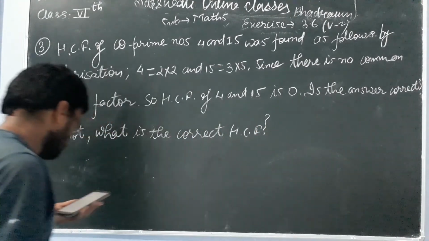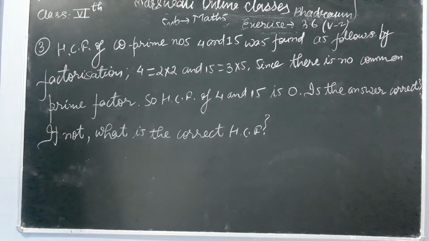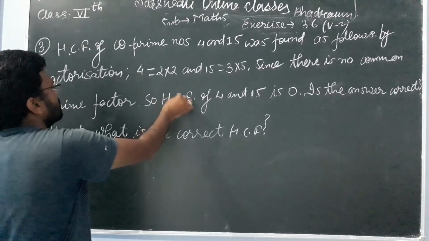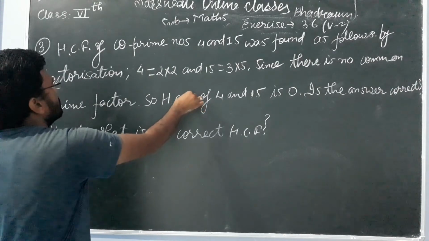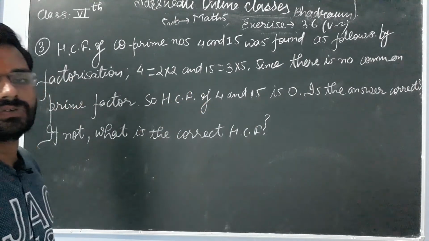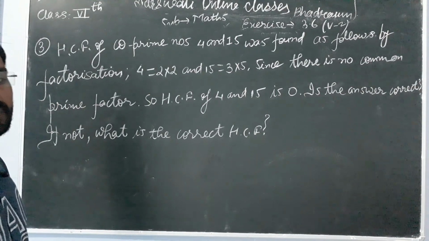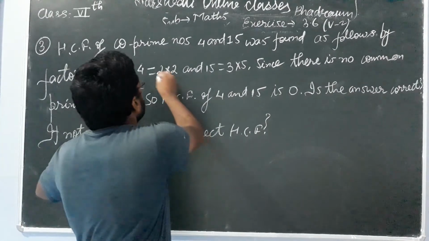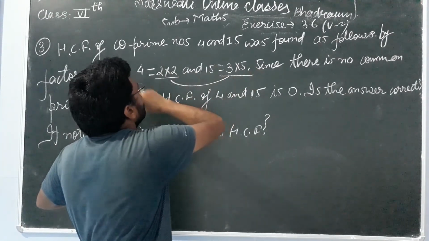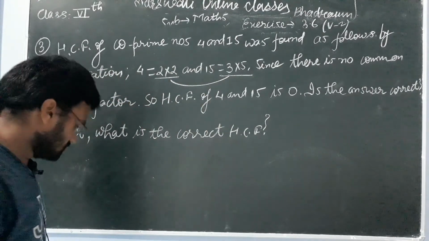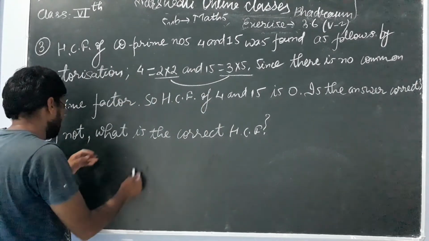We have discussed in our previous question that if our HCF is not coming from common factors, then it is always 1. Here no factor is common in these two, but 1 is always common, hence the HCF is 1.